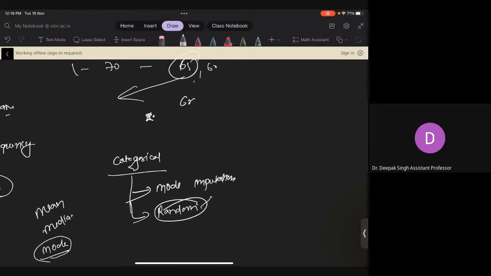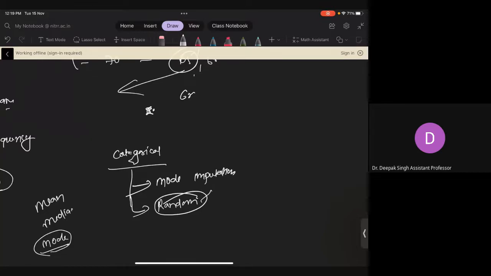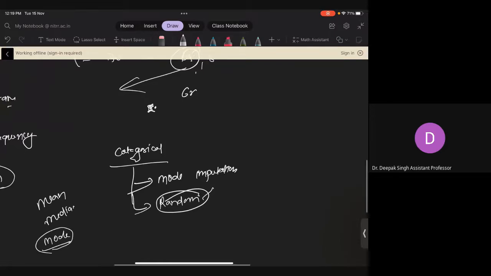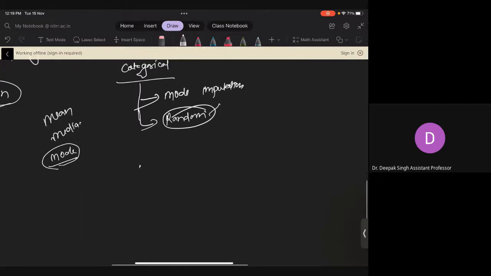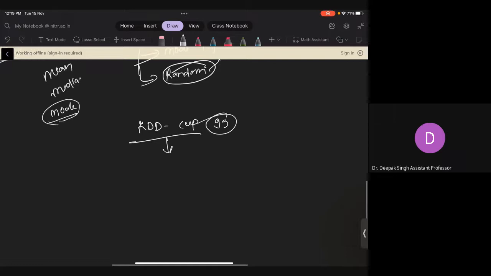Now here I propose one solution. ठीक है? And you will be surprised to know that it was a solution given by an inventor in a competition called KDD Cup. ठीक है? KDD Cup. I guess it's a 99 वाला challenge data set था, KDD Cup, where this data set is on intrusion detection. ठीक है?